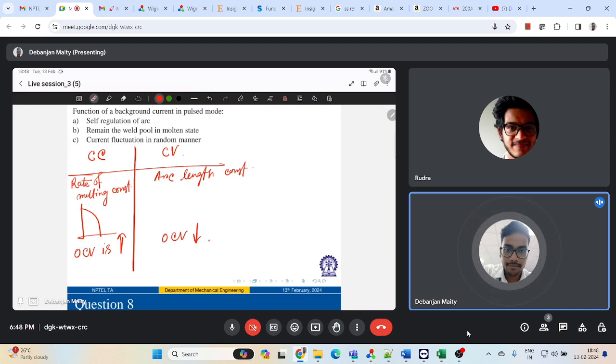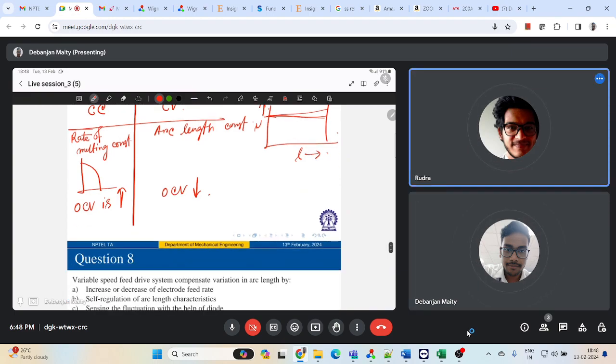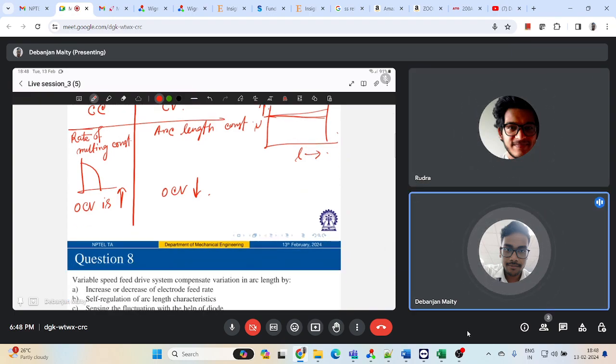I'm just differentiating between those constant current and constant voltage power sources. You'll have flat characteristics over here, if this is my arc length and this is my voltage. For the constant current power source, self-regulation is not available. It is mainly used for manual welding operations where you are using non-consumable electrodes.